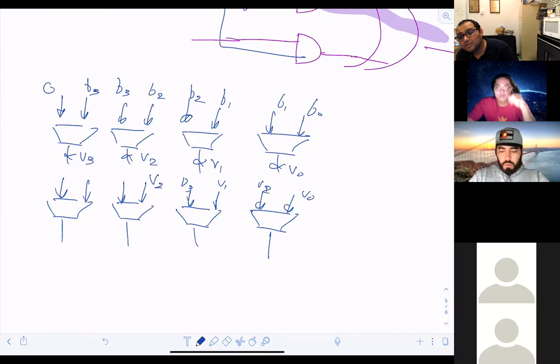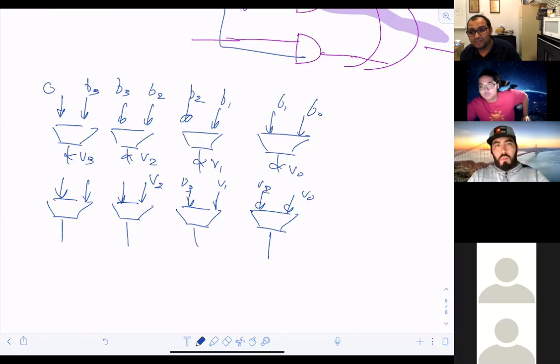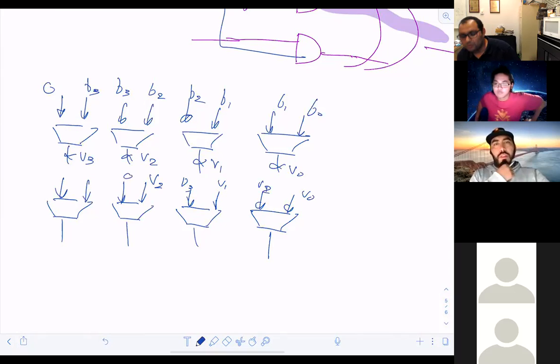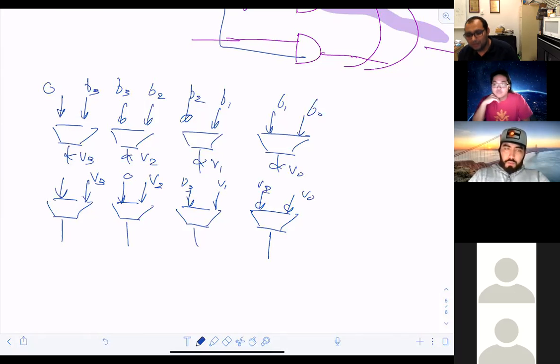V2 is what? Should be V0, right? Removes V0, put 0. Then here V3 is what? V1, right? Put 0. That makes sense?